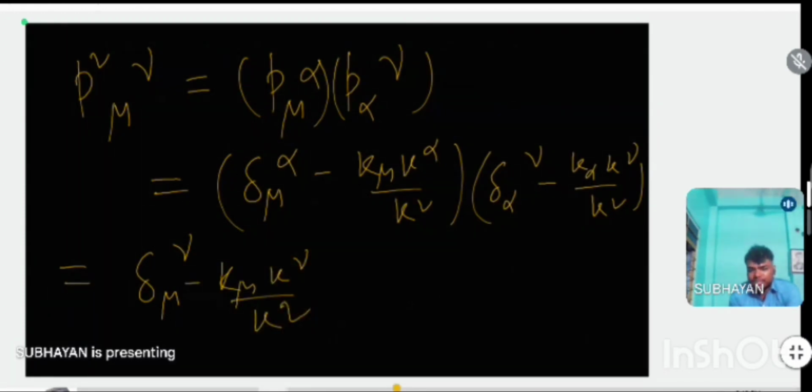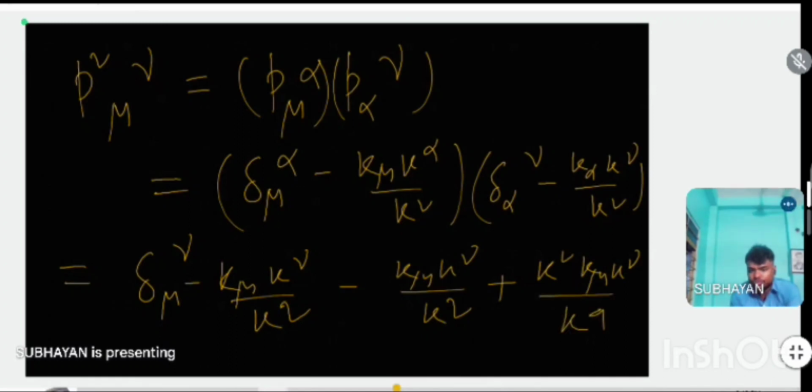After that you have this term, which is also the same, k mu k nu by k square, and then plus k mu k alpha k alpha by k to the power 4. k alpha k alpha will be k square, so one term can be cancelled. So you have Kronecker delta mu nu minus k mu k nu by k square, which is again p mu nu.